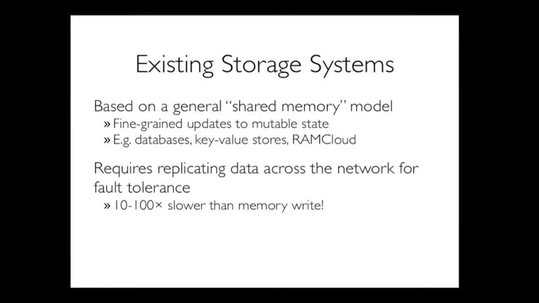Most systems today are based on this general purpose shared memory model, where the abstraction is that you have a big distributed table and you can read and write individual cells in the table. We call this fine-grained updates. Examples of this are parallel databases, key value stores, RAMCloud, distributed shared memory, which was a very popular thing in the past as well.